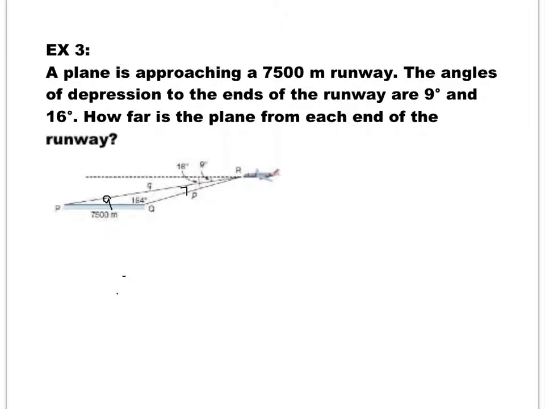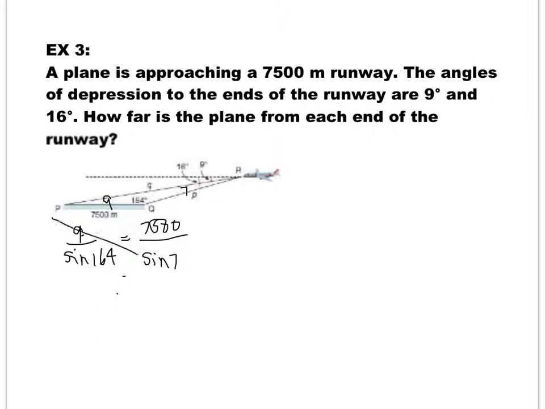So to find Q, I'm going to say that Q over sine of the angle in front of it, which is 164, is equal to, now I am going to write a ratio which has both the numerator and denominator known. So I'm going to write 7,500 divided by sine of the angle in front of it, which is 7.